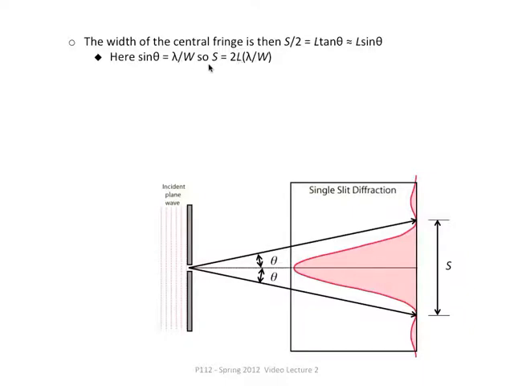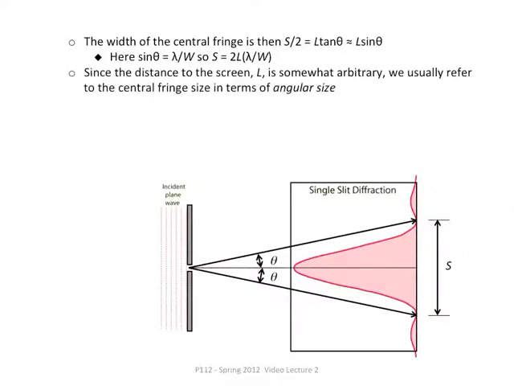All we have to do is set up a screen at some distance from a slit with an unknown width, put light through of a known wavelength, measure the width of this central fringe, and we can derive the slit width. And we'll come back to that in a few minutes.